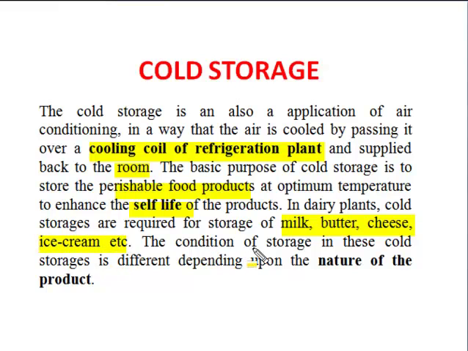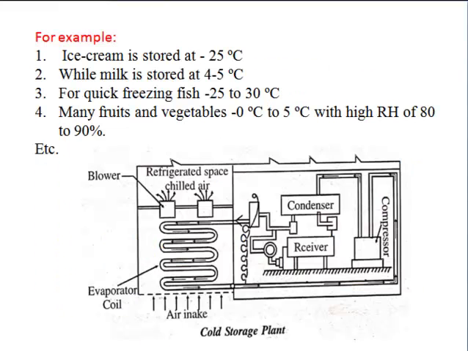The conditions of storage in these cold storages are different depending upon the nature of the product. Here we have taken examples: ice cream is stored at -25 degrees Celsius, while milk is stored at 4 to 5 degrees Celsius.